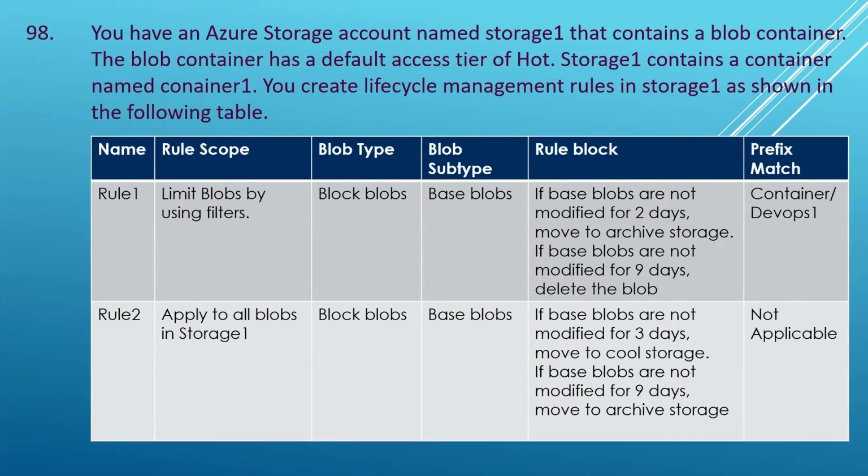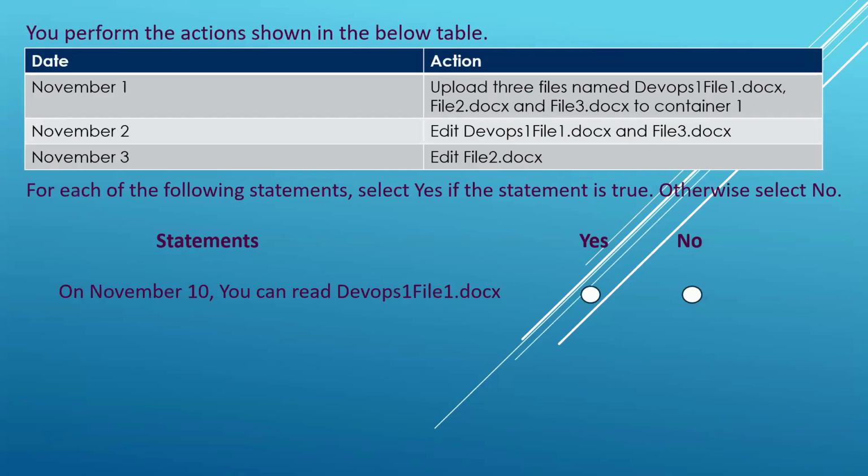Then there is rule 2, which applies to all blobs in storage1, which means there is no prefix match applicable here. The rule is if base blobs are not modified for 7 days, move to cool storage. If base blobs are not modified for 9 days, move to archive storage. So you perform the actions shown in the below table.